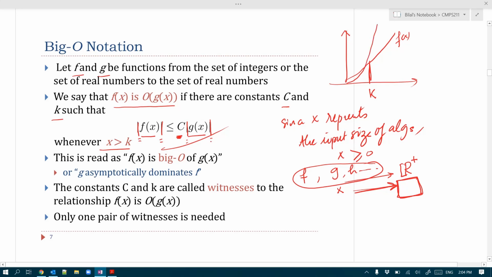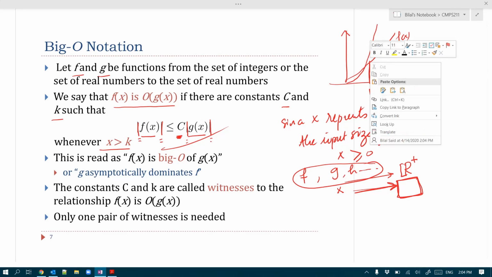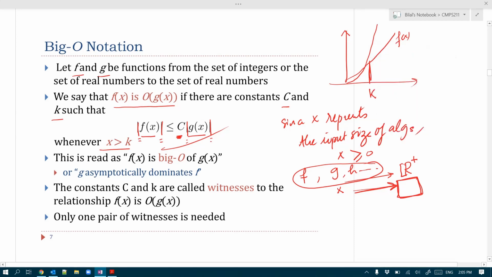But starting from k, maybe a little bit before k, maybe exactly at k, we don't know, you have to designate a certain threshold after which you have a guarantee that g of x is dominating f of x. Actually, it's not necessarily g of x dominating f of x. It could be some constant times g of x, because maybe your function g of x is going this way. So multiplying by this constant factor would help you to prove your point for a smaller value of k.